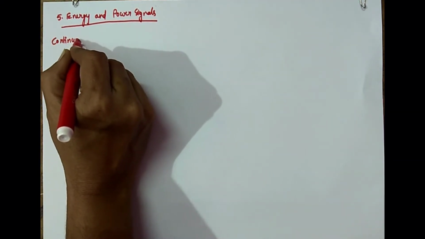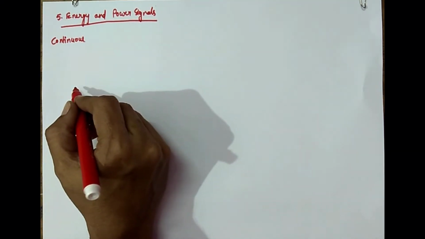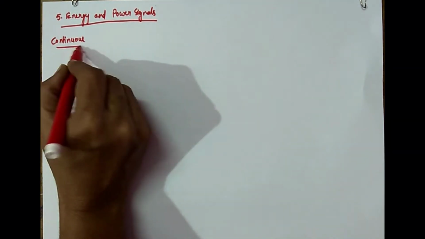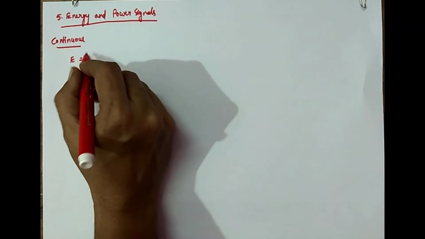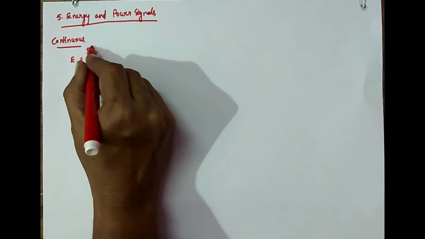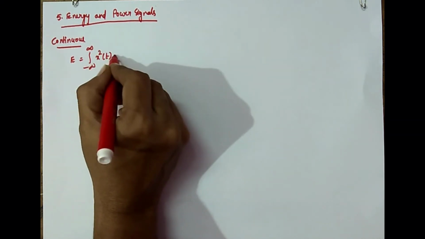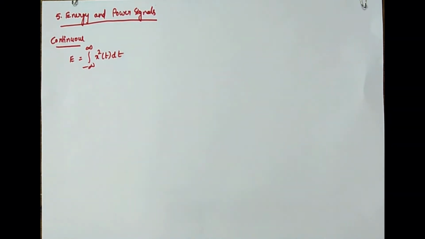First, take the continuous case. What is the energy formula? Energy equals the integral from minus infinity to infinity of x square of t dt. That is the total energy for a continuous signal x of t.